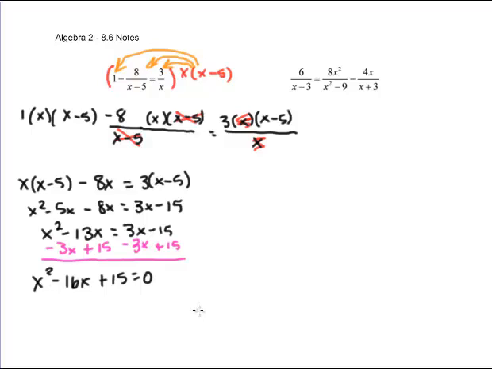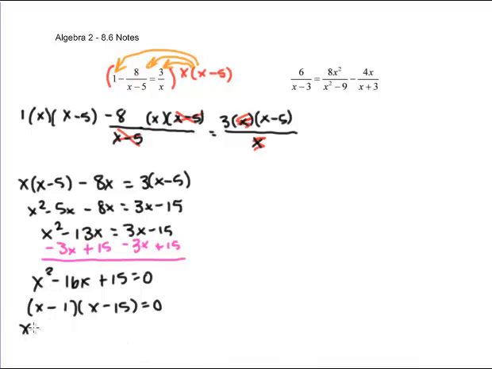And that's going to equal 0. So the thing to ask yourself is, what times what makes 15 and adds to 16? And this is going to factor to (x minus 1) times (x minus 15), and that's equal to 0.